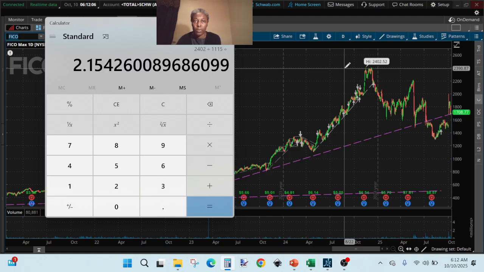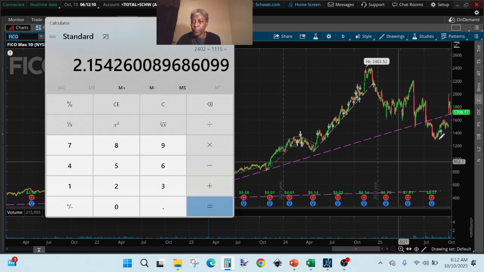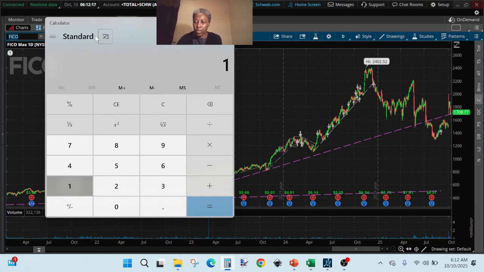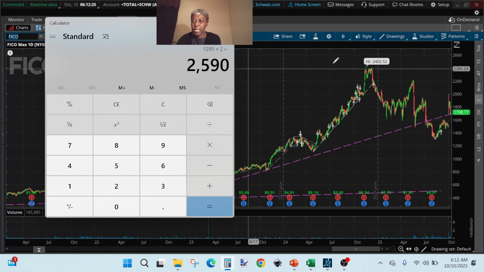It doubled the price. So we can just say 2. So that means the lowest point here is 12.95. So we can just take 12.95 times 2 or times 2.1, that ratio that we just calculated, and that's 25.90. So we can decide that when it reaches 25.90, we will get out of the trade, we will sell it.